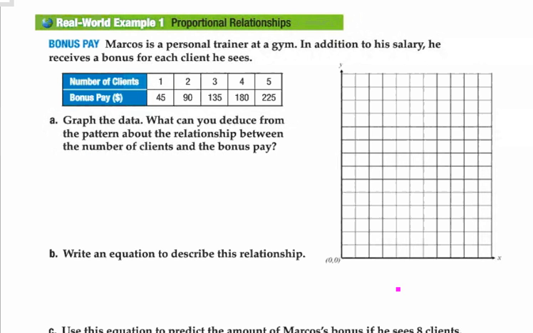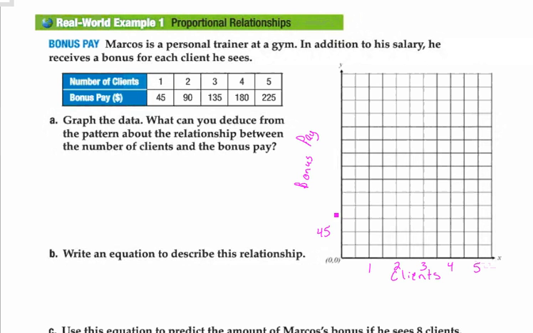All right, so here we are going to see this as clients, and we are going to see this as bonus pay. Okay, we have 5 clients, so I'm going to skip to make this look kind of nice. We have to go all the way up to 225. So honestly, why don't we go by 45s?